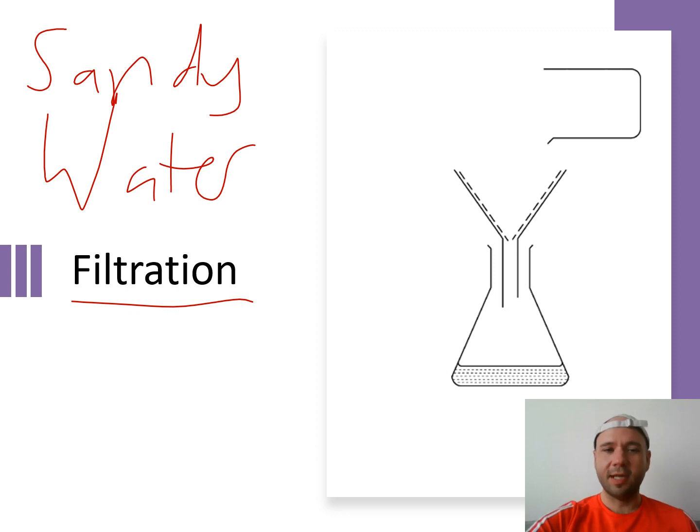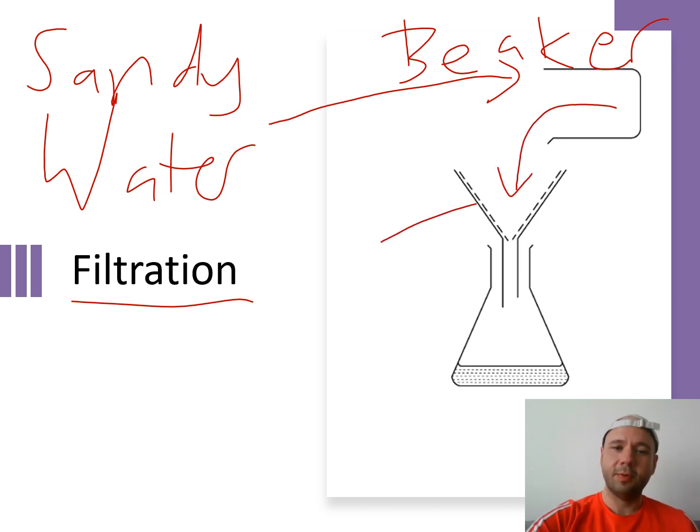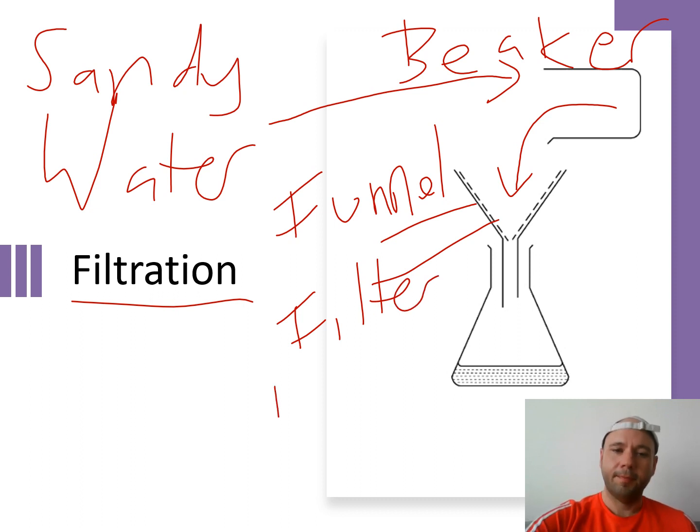So we're going to take the contents of our sandy water and we're going to place it inside of a beaker. Give it a good stir and we will pour the contents of the beaker into a funnel. And inside of that funnel, there will be some filter paper.